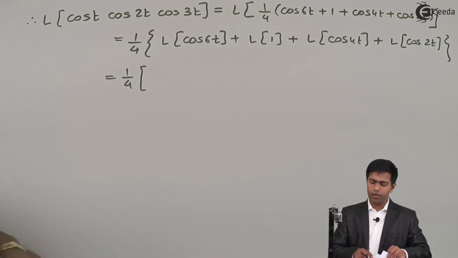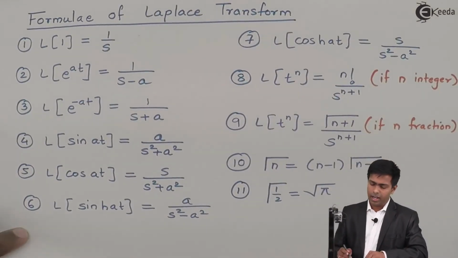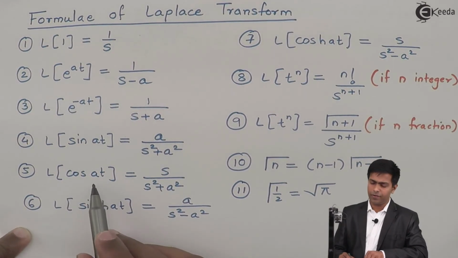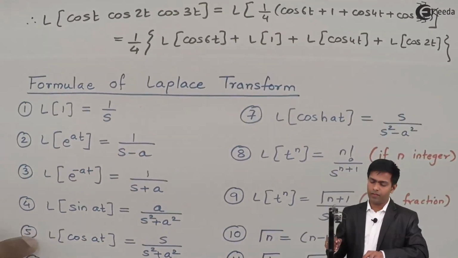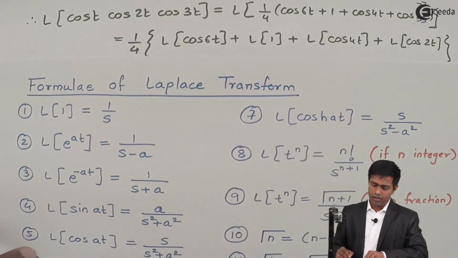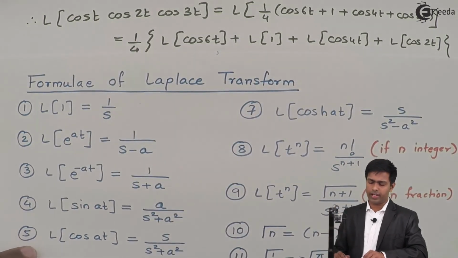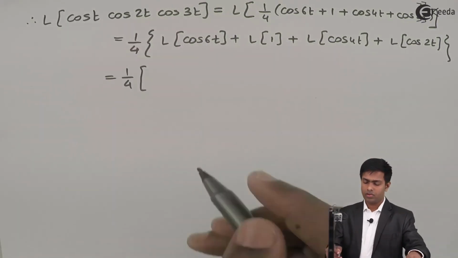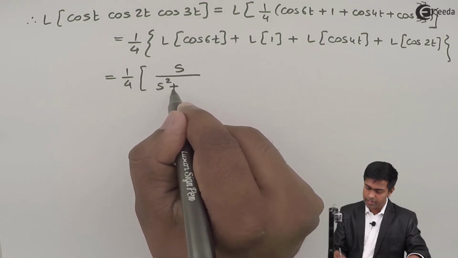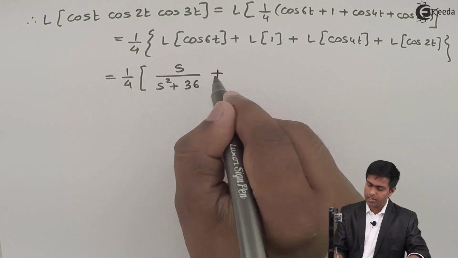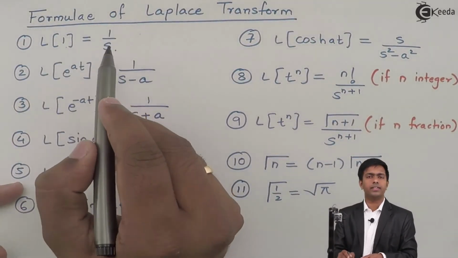Now what is the formula of Laplace of cos at? So here you can see that Laplace of cos at is given by the formula s upon s square plus a square. Now here we have cos of 6t, it means I can substitute a as 6. So here I'll write s upon s square plus 6 square, that is 36, plus what is Laplace of 1? So again by formula Laplace of 1 is 1 by s.